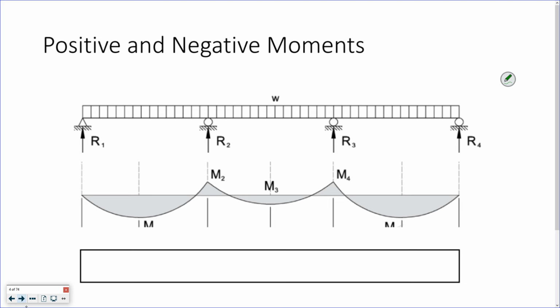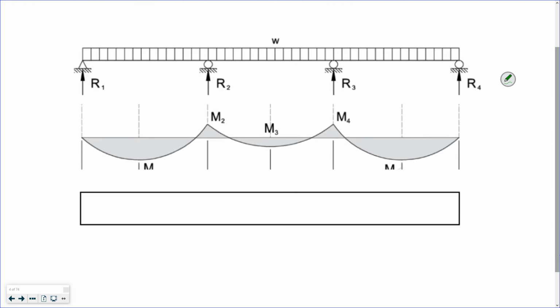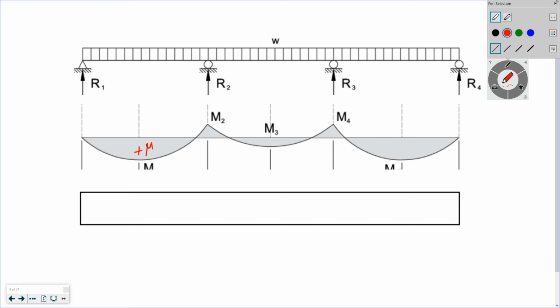So here we have a moment diagram for this continuous beam over 4 supports, subjected to some type of distributed load. And as a result, we get this moment diagram. This moment diagram is actually upside down compared to what we have talked about before, right? We have positive moment on the bottom.